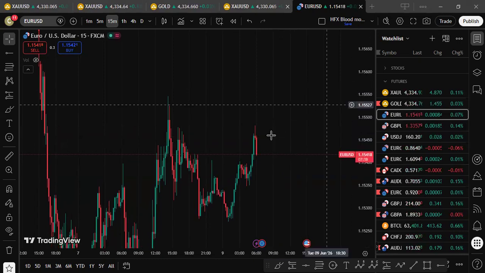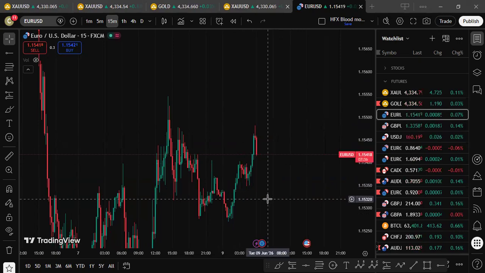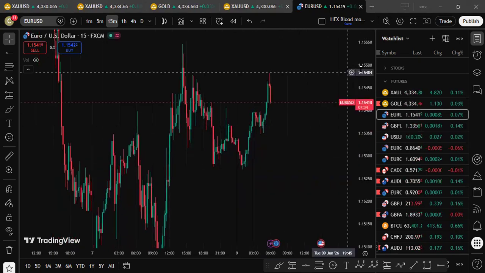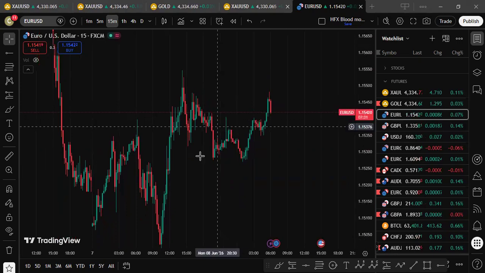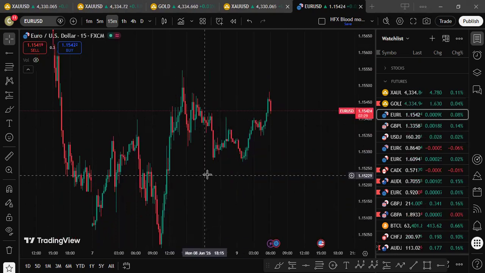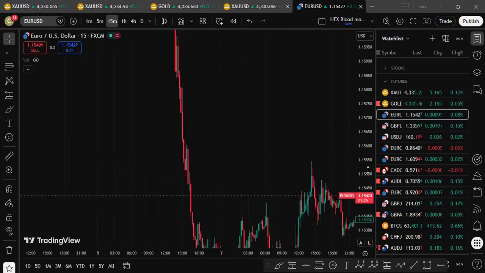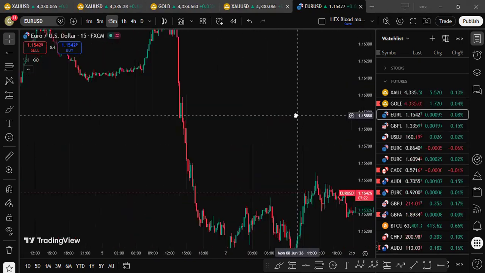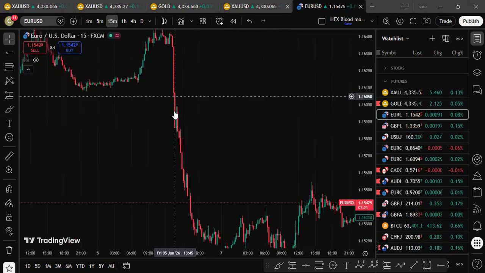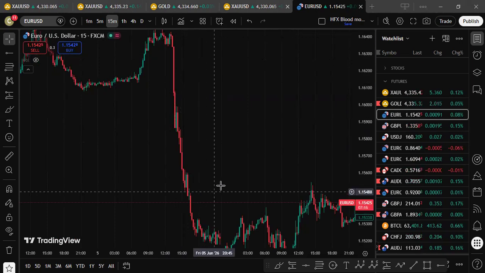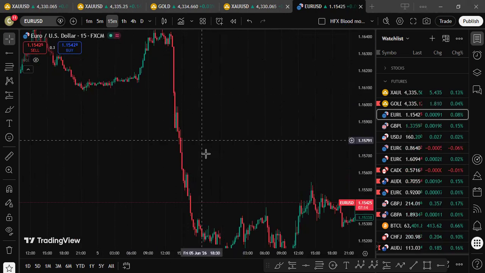If you're seeing a consistent upward trend, the euro is gaining against the dollar. And just like the NFP on Friday, the dollar gained massively. That's why you saw massive sell movements on currencies that trade against the dollar.